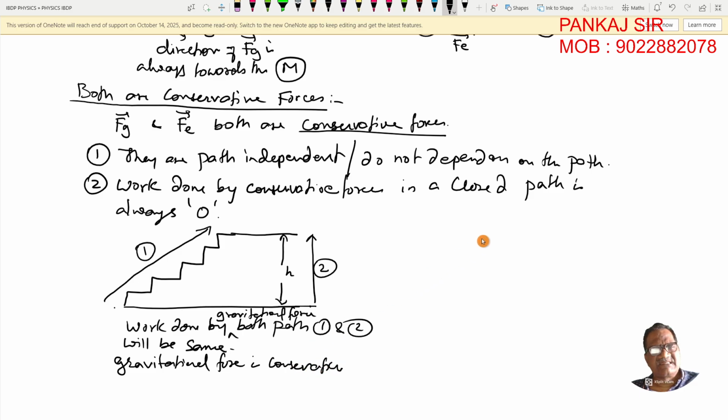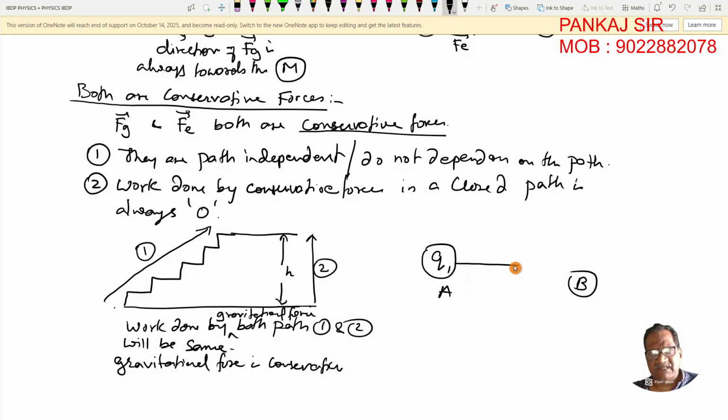Same way for two charges. Suppose you have one charge q1, you have another charge q2. If you take this charge from a point A to a point B over here by two different paths.